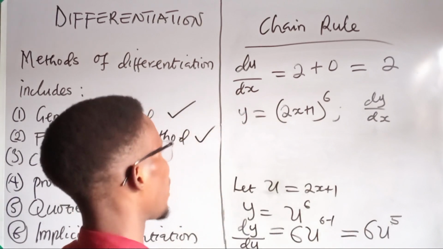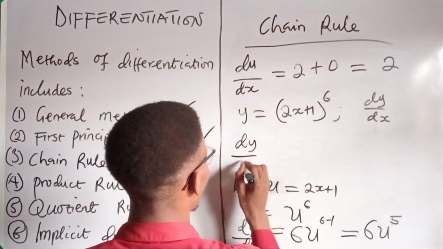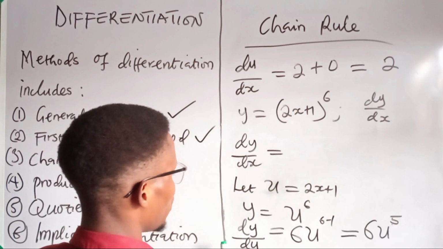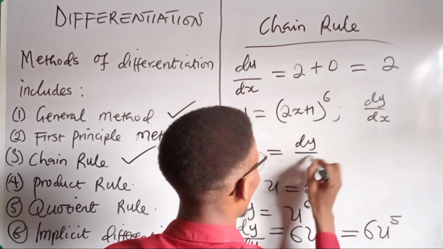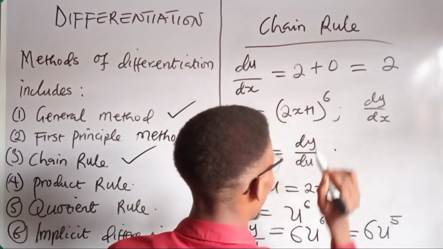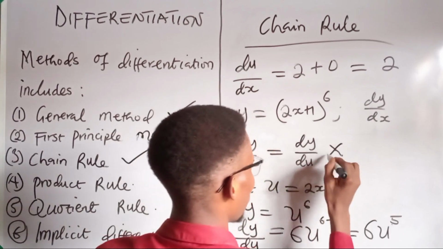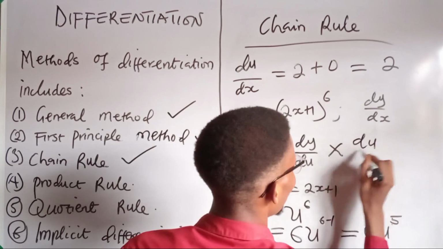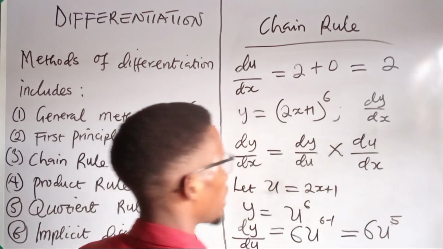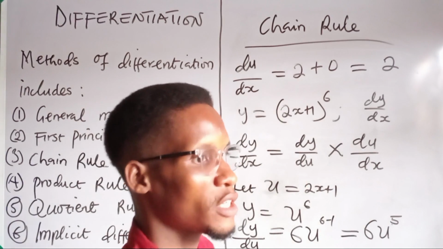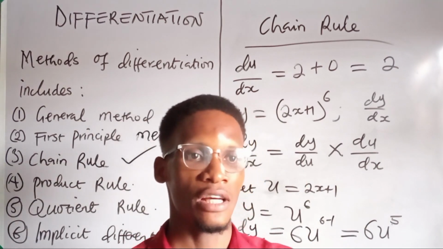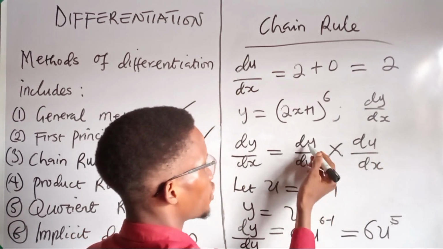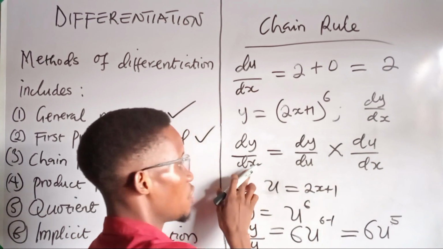And now we can have our dy over dx as dy over du multiplied by du over dx, such that if you cancel the u going against the u, it will still remain dy over dx, which is what you're seeing here.